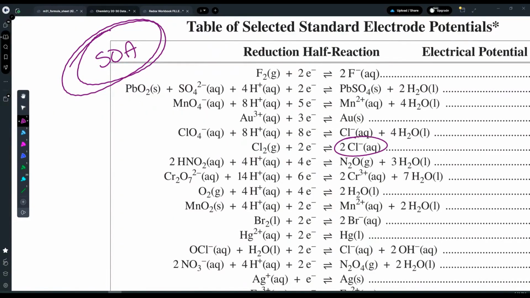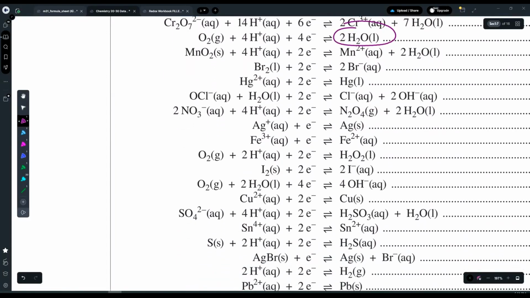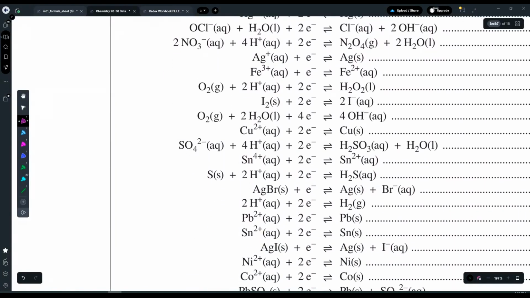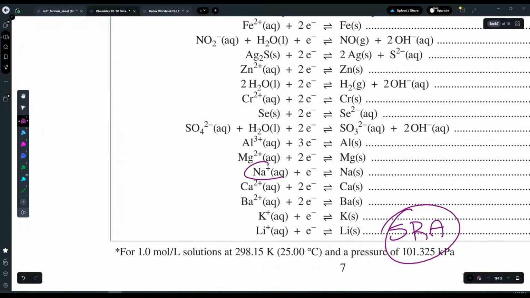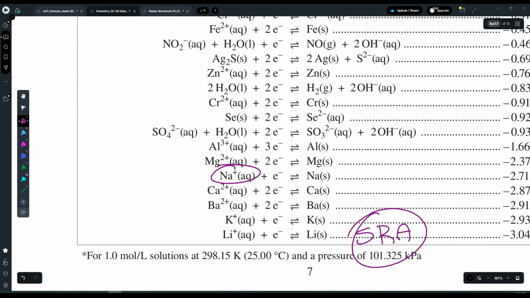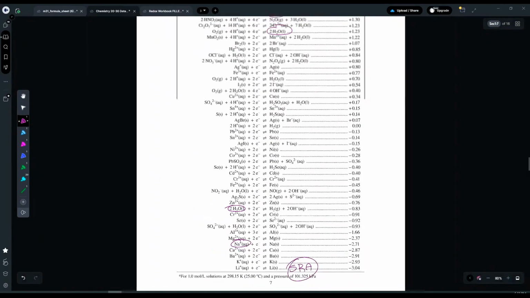So we have chloride ions here, water. We also have both chloride and water in this reaction on the right hand side, and on the left hand side we're going to have our sodium ions. Oh, and then we also have water right here.